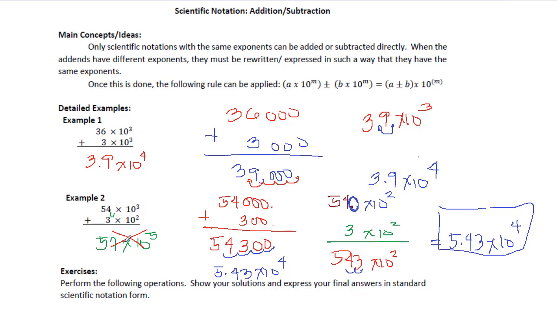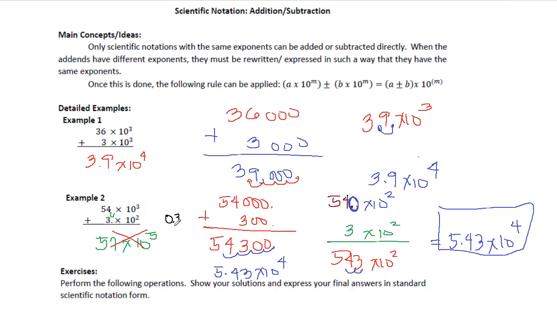Okay, some other method that could work here is, what if we just convert this one into exponent 3? So how can we do that? To make that into an exponent 3, we need to move the decimal here to the left, 0.3 now instead of 3.